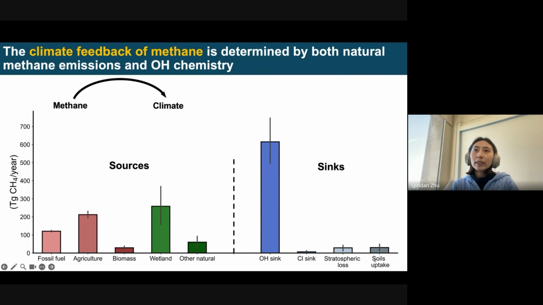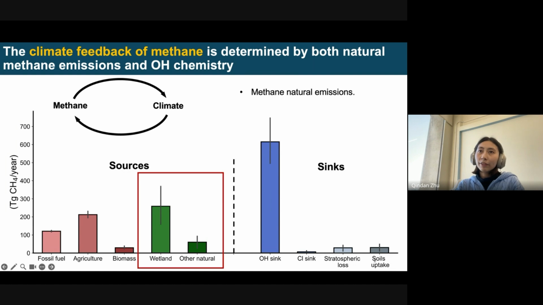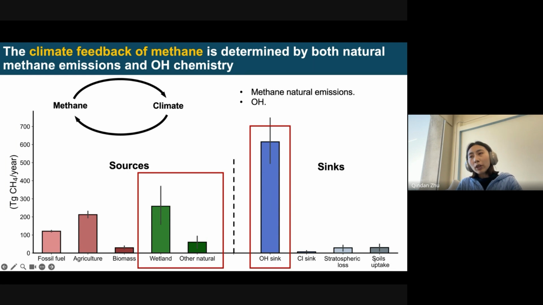In our project, we are particularly interested in how warming itself could feed back onto methane. And throughout this methane budget, there are two components that are most sensitive to the climate. The first one is the methane natural emissions, such as wetland emission. And the second one, also the focus of our project, is this OH chemistry.